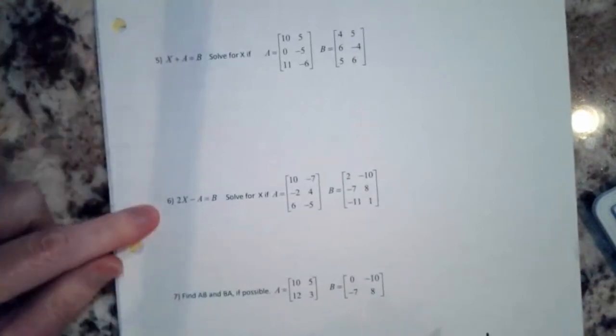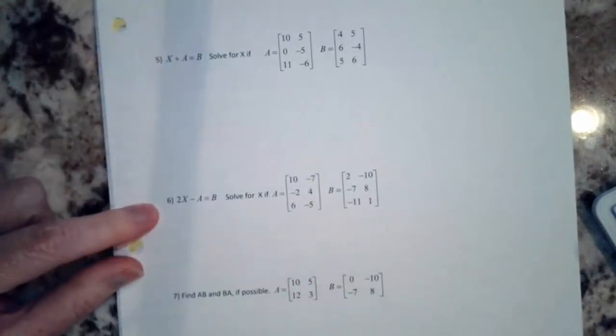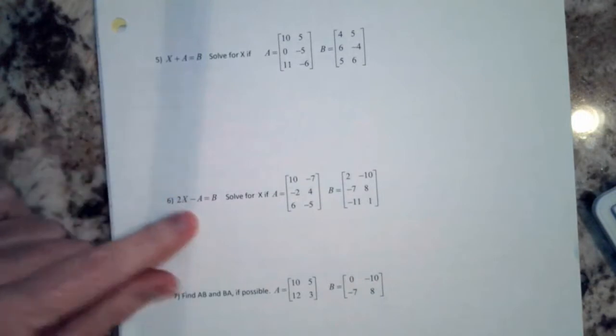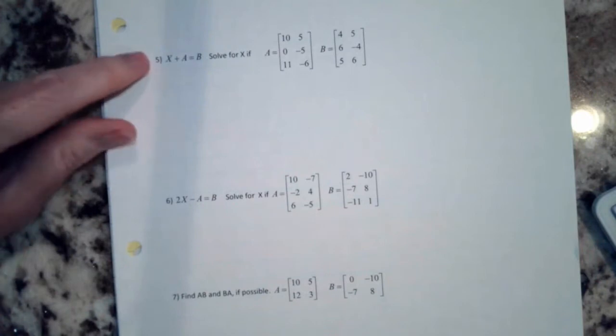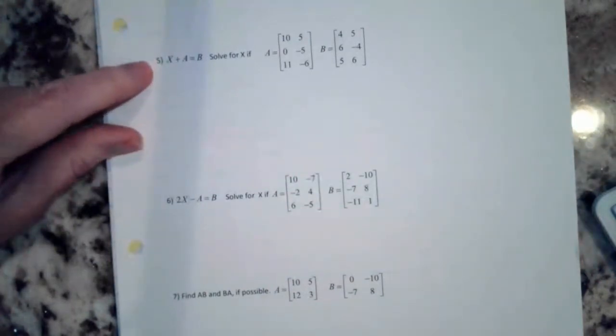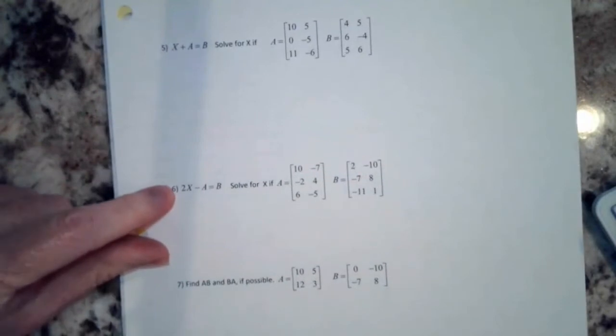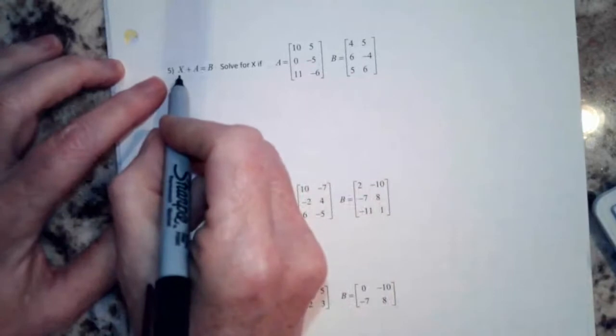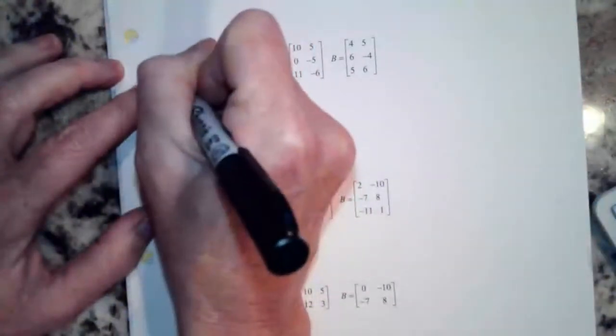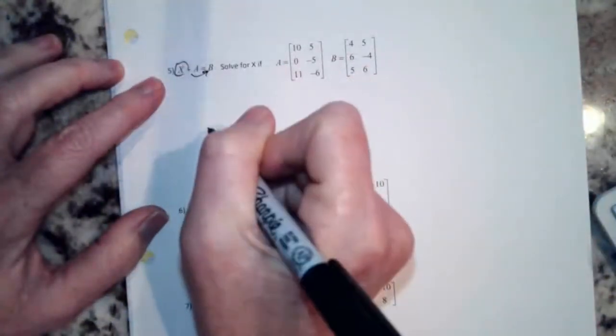Okay. 5 and 6 are similar to each other in that they've got an equation that involves the matrices. Having tried these several different ways over the years, what I've discovered is first get this into x equals, then we'll manipulate here. So I want to get x isolated. There's x. I want to move a to the other side.